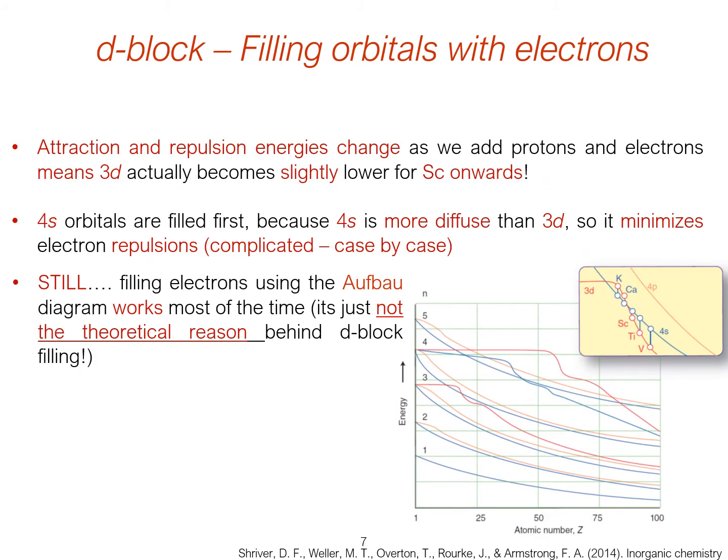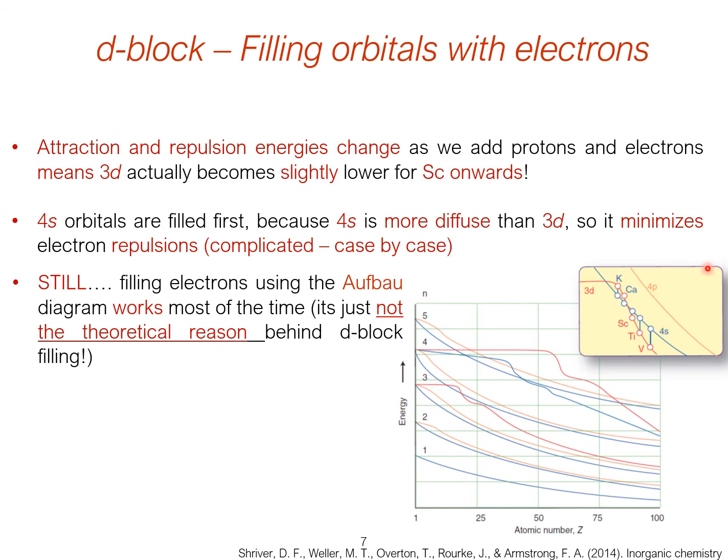Now, as well as highlighting some of the anomalies to this rule, I should actually clean up something that is pretty much an outright lie. We've said until now that the reason the 4s orbital is filled before the 3d is that it's lower in energy.